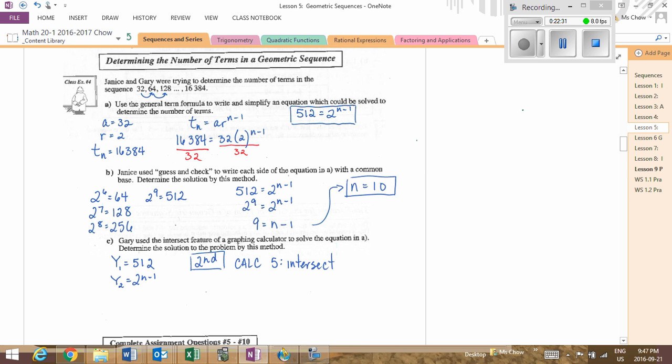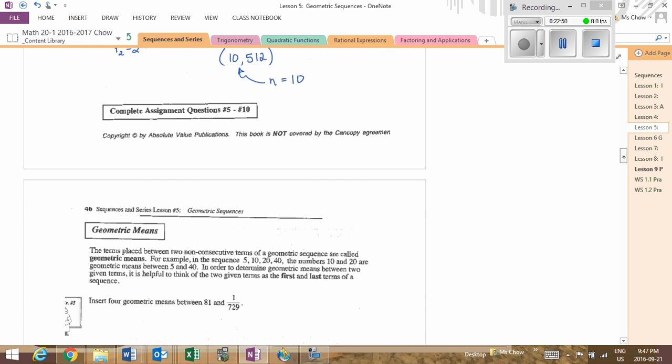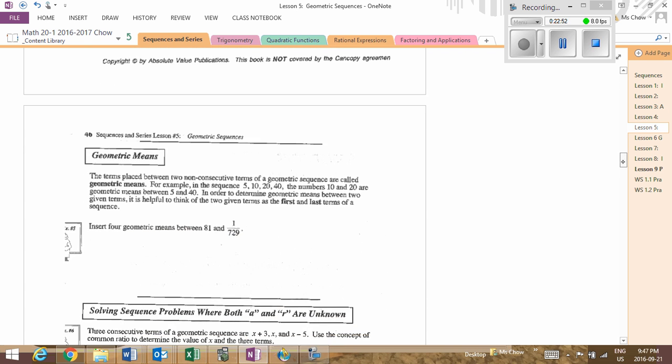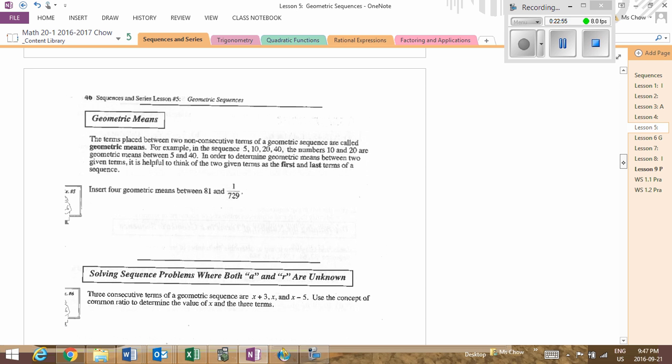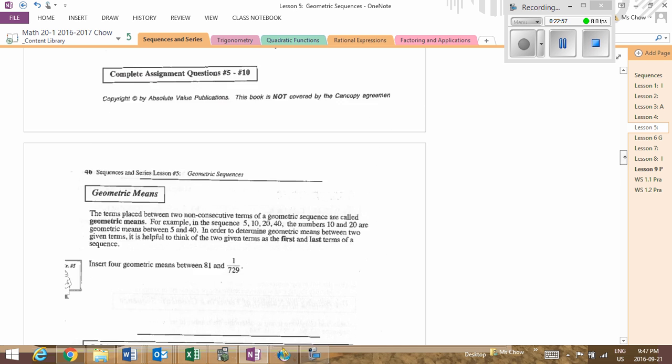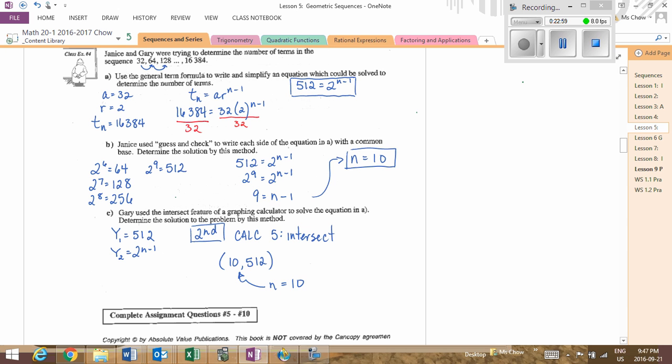The solution, therefore, is 10 is your x and 512 is your y. But remember, rather than it being your x-axis, it's actually your n-axis. So in this particular case, that is what tells us that n equals 10. Excellent. So let's leave it here then at this point, and please check ManageBac for your assigned questions.